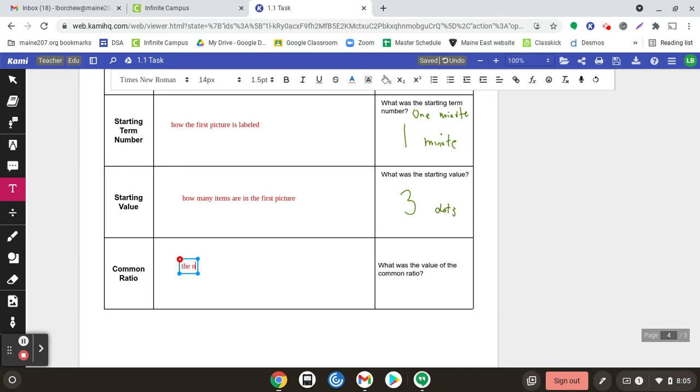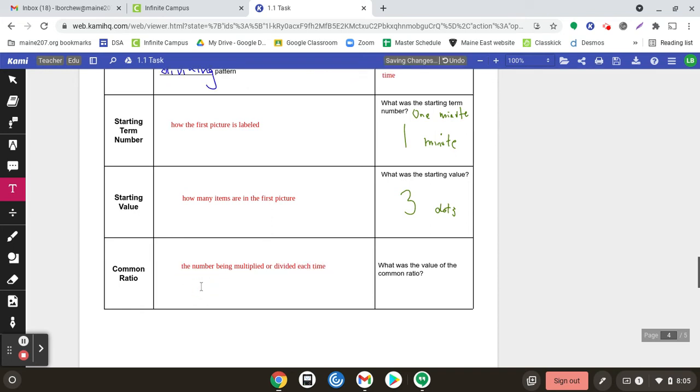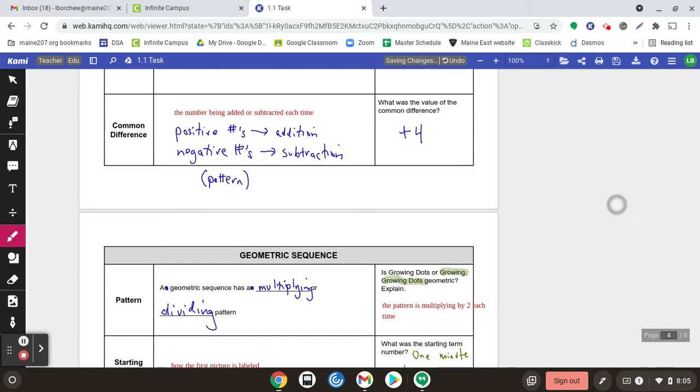Is the number being multiplied or divided each time? So again, you can think of it as the pattern, like we did with the arithmetic sequence, but we want to know the actual value.